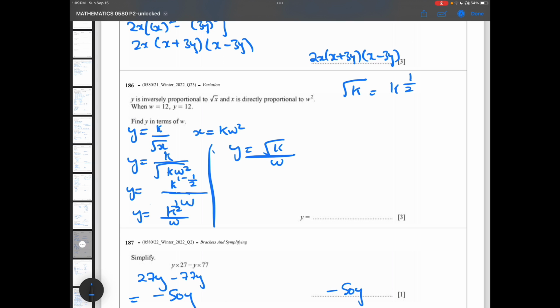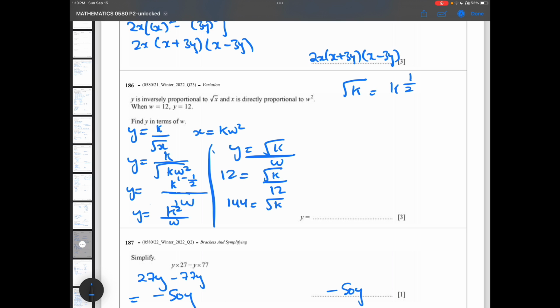Now we have got y in terms of w, and by placing the values of y and w, we can calculate the value of k. Y is 12 when w is also 12, right? So 12 is being divided over here. When I shift it to the left side, it becomes 144 by multiplying with the 12. The square root k is 144.